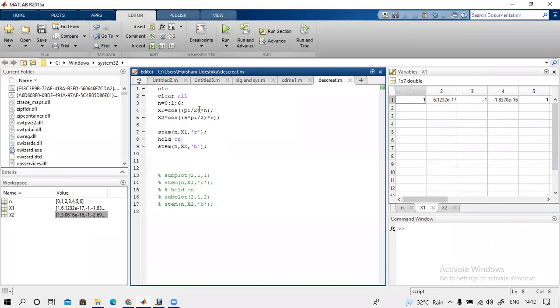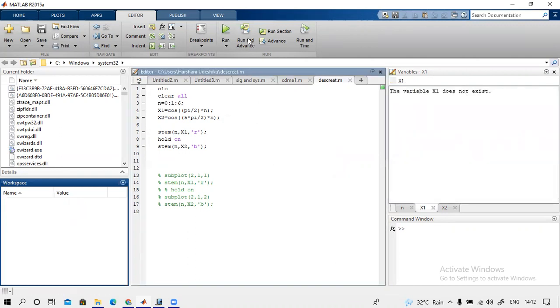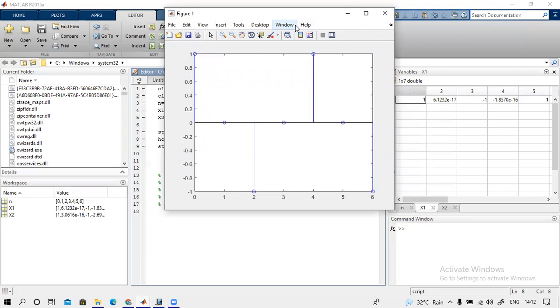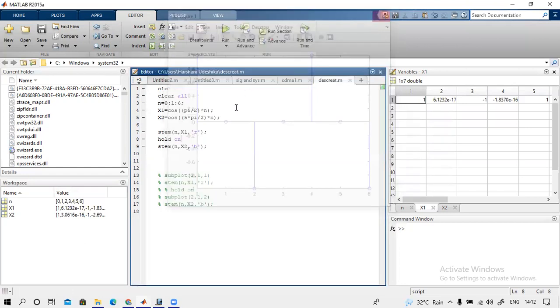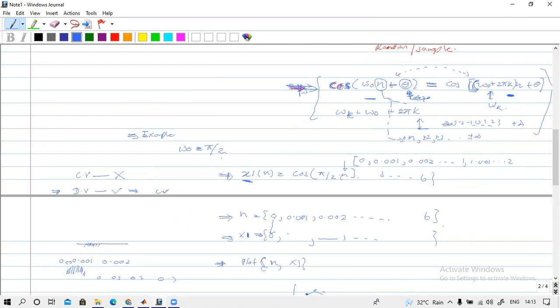So here 5 by 2, I get 5 by 2 plus 2 5. That means for 5 by 2, that is correct.